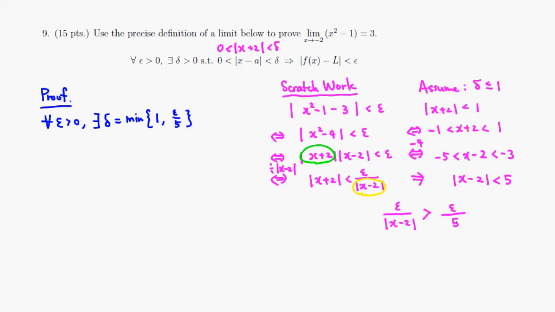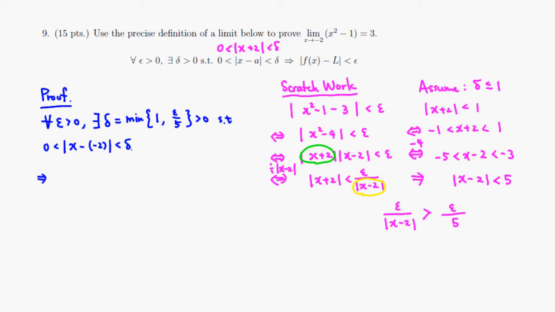So this is going to be the delta value, which is greater than 0, such that if the absolute value of x minus a, in this case minus negative 2, is between 0 and delta, then we can assume two things.